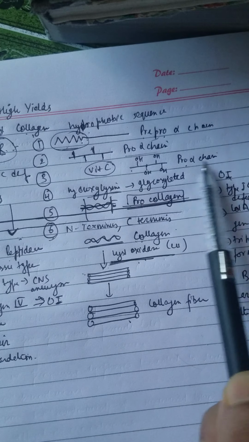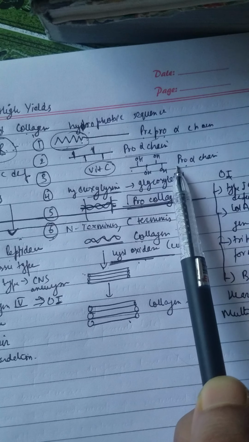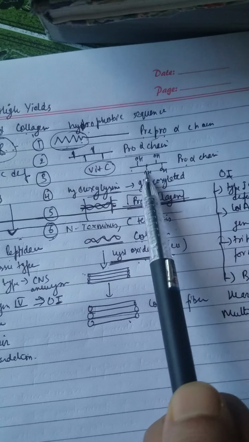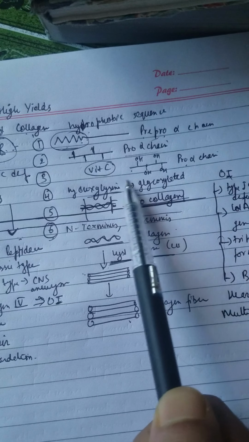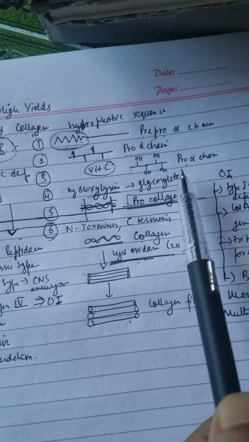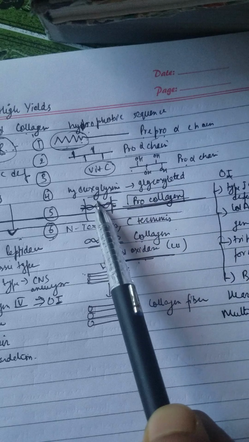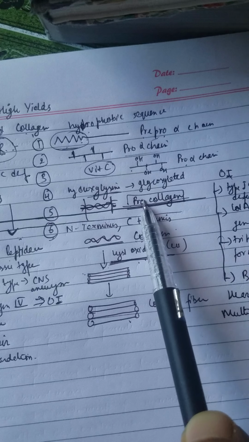This pro alpha chain structure now undergoes coupling. Three pro alpha chains, which have gone through glycosylation, undergo triple helix formation to form a molecule called procollagen.